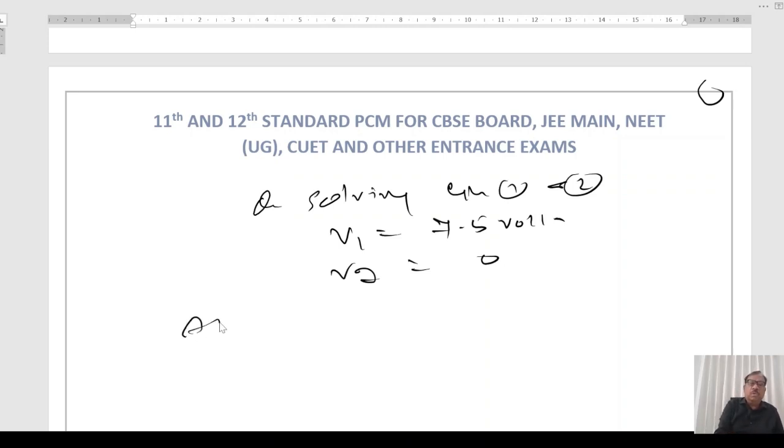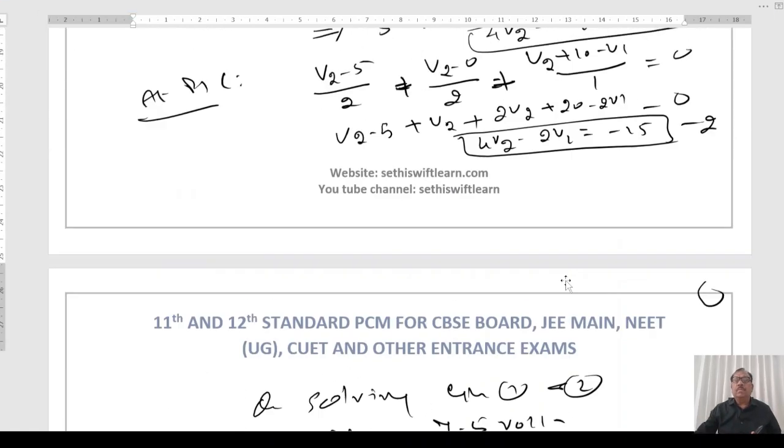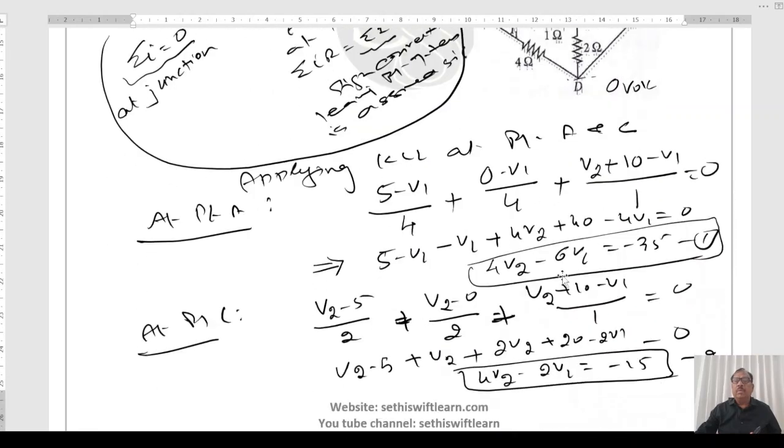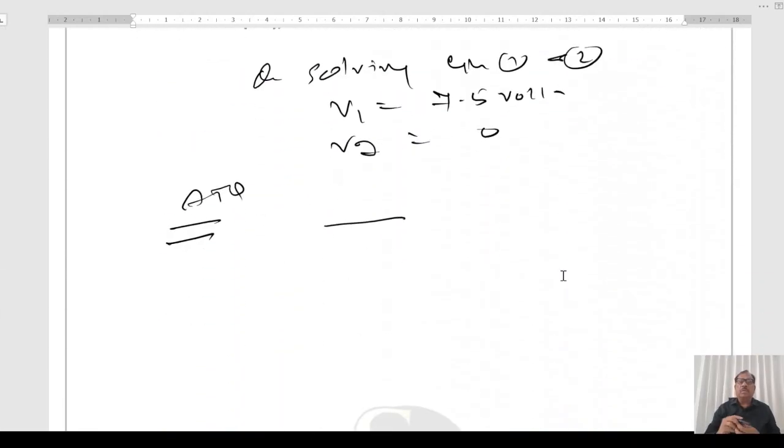Now, according to the question, this is the battery with 1 ohm resistance, with V1, V2 being 7.5 and 0, the battery 10, and the current is like this.